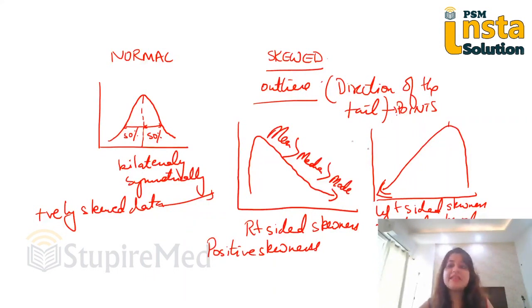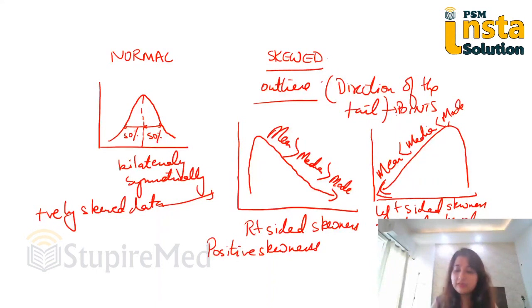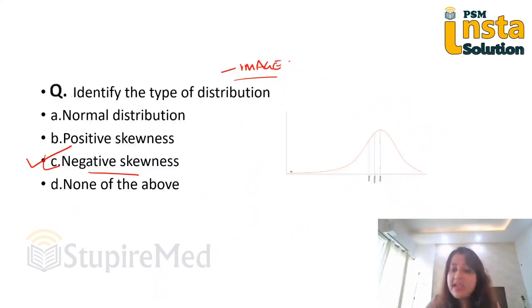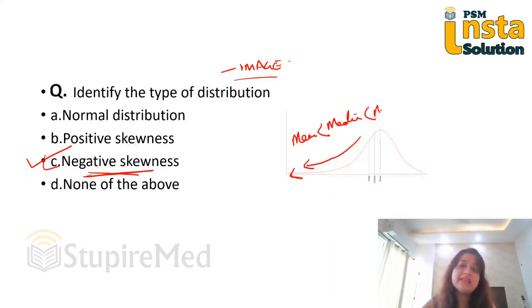And for a left-sided skewness or negatively skewed data, my mean is less than median is less than mode. So now let us look at this MCQ again. Where is the direction of the tail pointing to? It is pointing towards the left side. So it becomes negatively skewed data, and for this my mean statistically is less than median is less than mode.